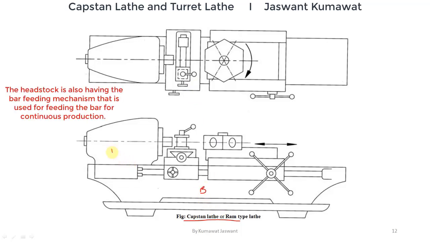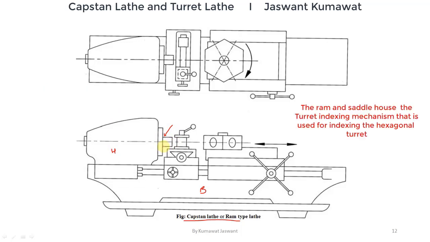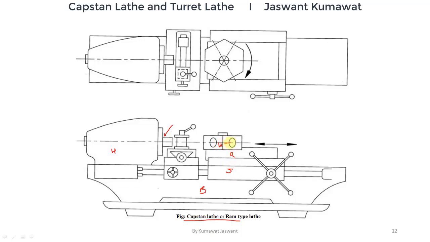The bed, headstock, spindle carrying the work holding device, the saddle, ram, hexagonal turret, feed stop rods, ram regulating wheel, carriage, cross slide and tool post.